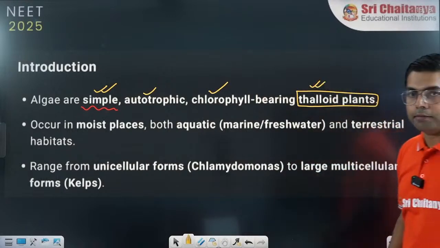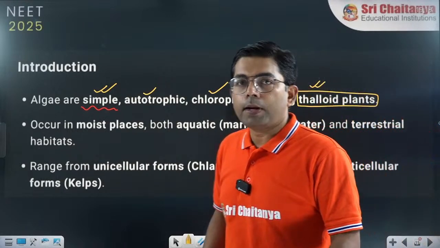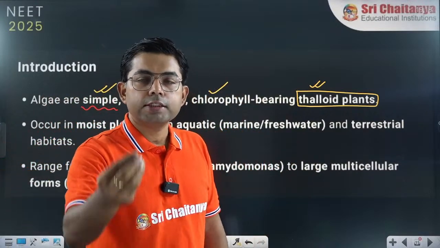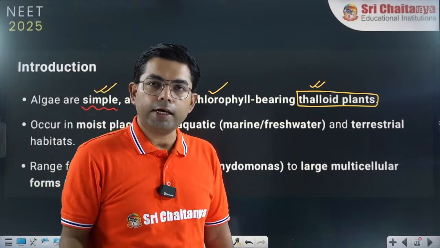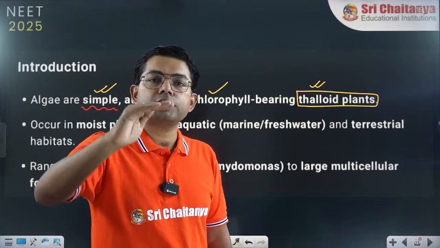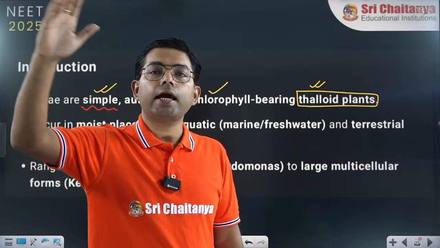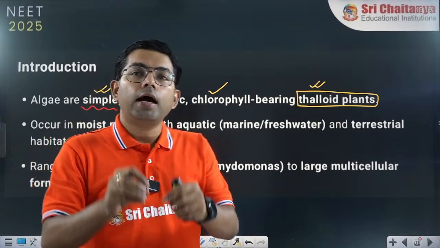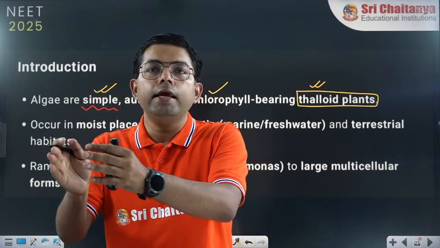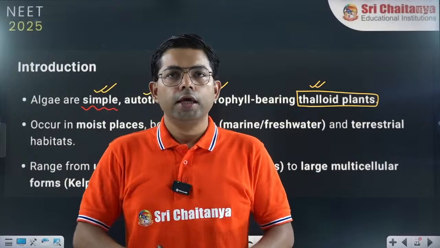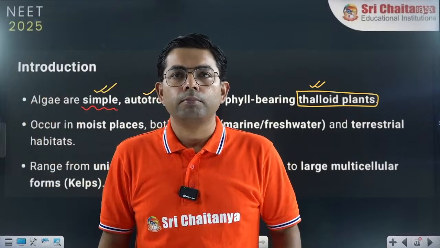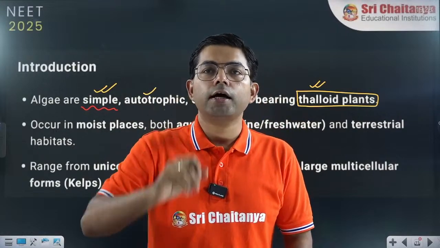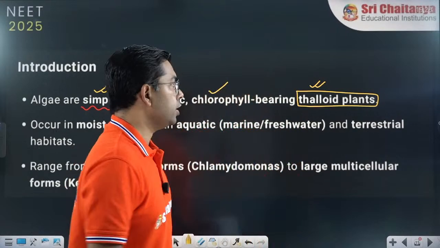Let me explain. Usually when we say plant, we expect that a plant should have root, stem and leaf. But that is a character of higher plants. This is a lower plant. So in a plant, when root, stem and leaf are not distinguished, not clearly visible, or you cannot distinguish between root, stem and leaf, such a plant body is called a thalloid body.